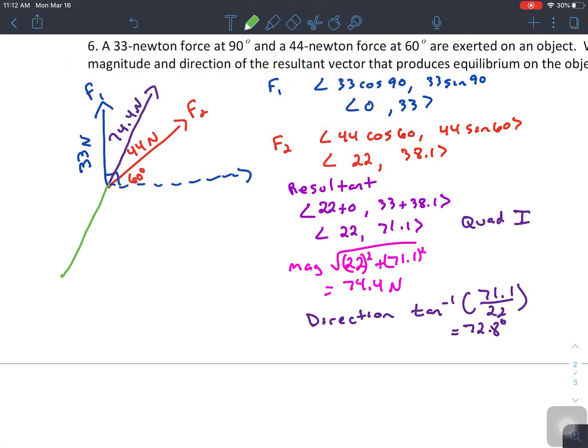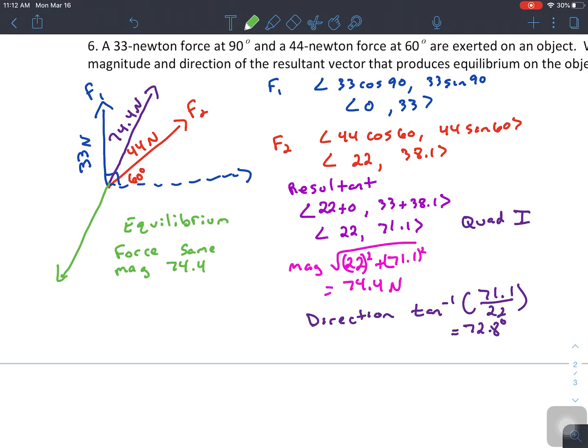So that means the equilibrium would be a straight line going off into the other direction. The force of this equilibrium is the same as the magnitude that we just calculated, 74.4.